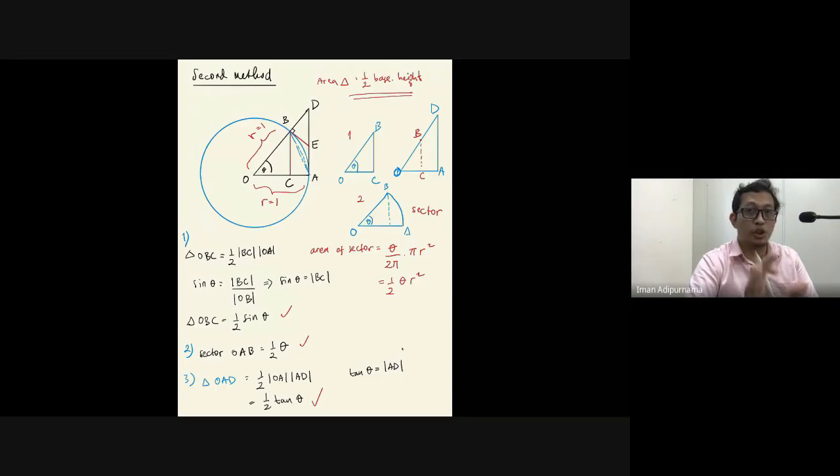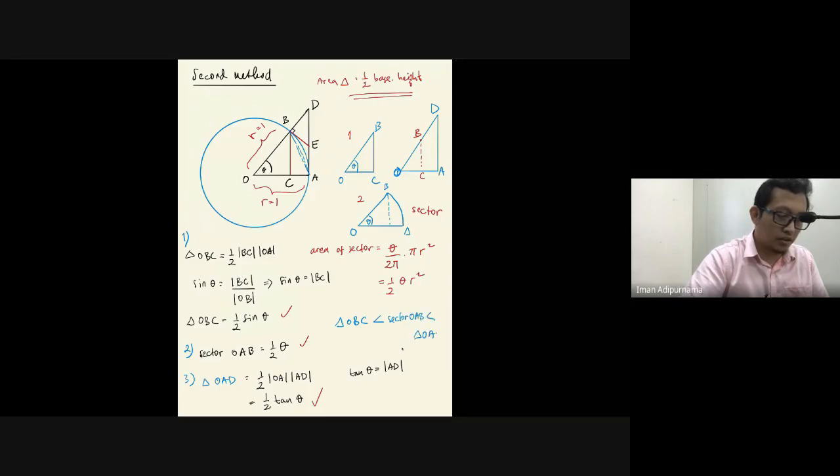And from a geometric perspective, this is the small triangle OBC, which is smaller than the sector, which is smaller than this one. So triangle OBC is smaller than sector OAB, smaller than triangle OAD.